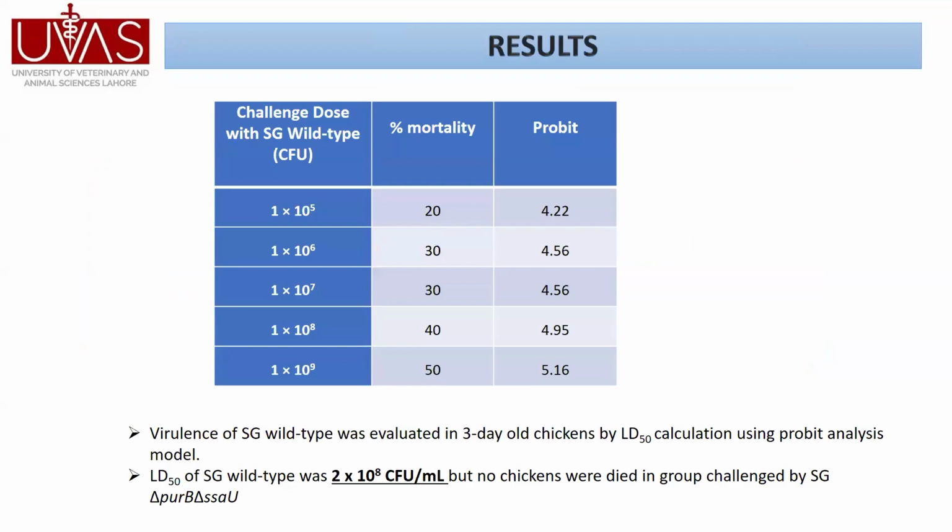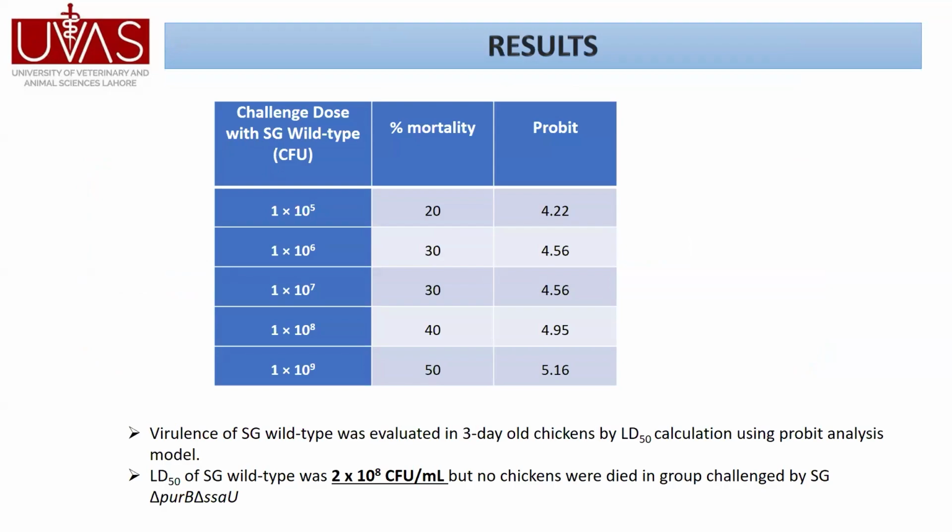We inoculated our birds with the wild type at 10 to the power 5 to 10 to the power 9, and we saw that mortality was 20% with 10 to the 5, 30% with 10 to the 6, and 50%.